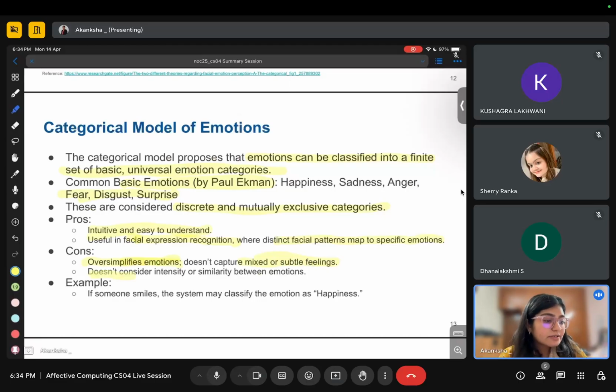It also does not consider intensity or similarity between emotions. It is not capturing how happy or how sad. You can be a little on the sad side, or slightly happy. These slight or subtle expressions it does not consider, but we can represent them using a numeric method, which is the dimensional model we will see. So for example, if somebody is smiling, you can just classify it straightforwardly as happiness.